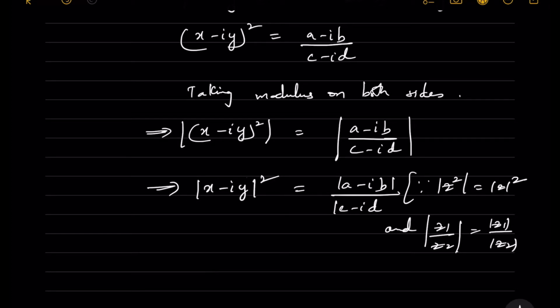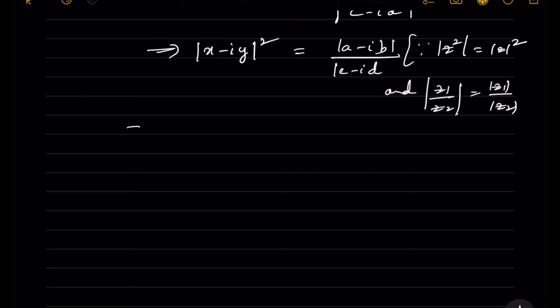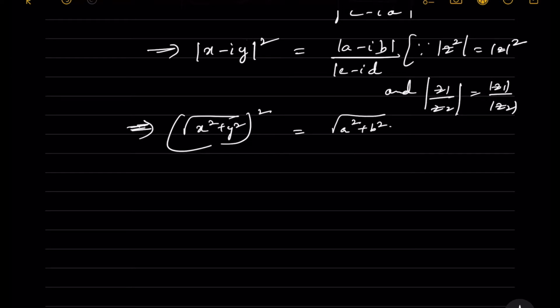And we know that mod, as we have seen in the previous exercises, means root of x square plus y square whole square, which is equal to root of a square plus b square divided by root of c square plus d square, since mod of x minus iy is equal to root of x square plus y square.